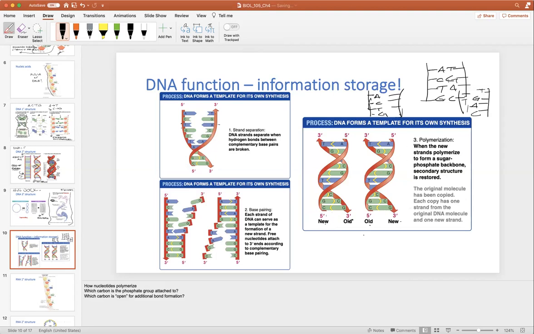One strand would have one old and one new, and the other strand would also have one old and one new. So DNA forms a template for its own synthesis, which is really nice.